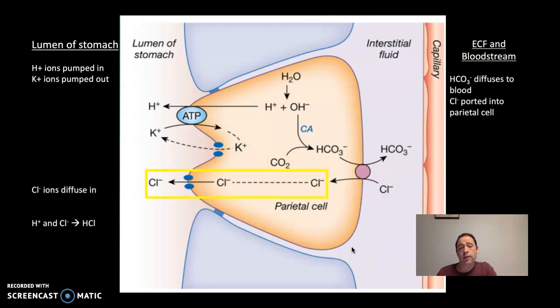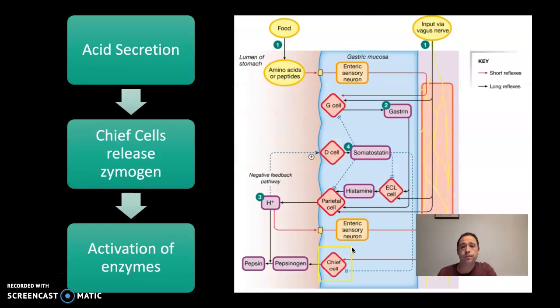The chloride ions that enter into the parietal cells then diffuse down their electrochemical gradient into the lumen of the stomach, thereby producing inside the stomach at the end of this function high concentrations of hydrogen ions and chloride ions to produce hydrochloric acid in the stomach lumen.